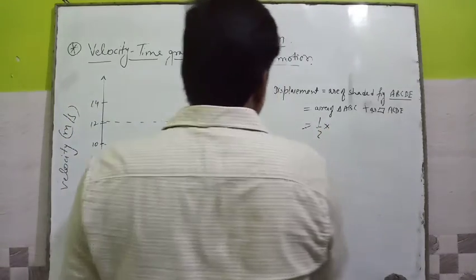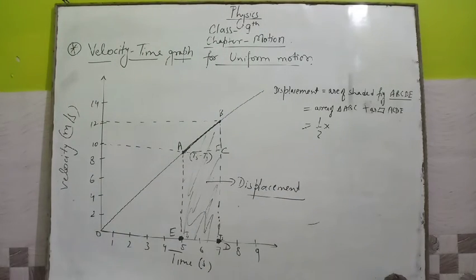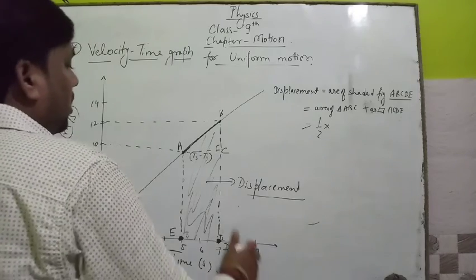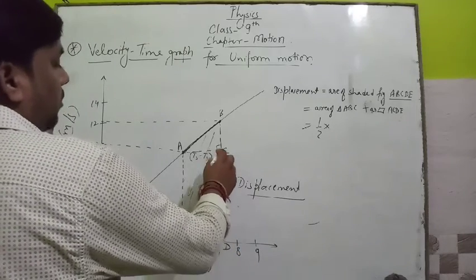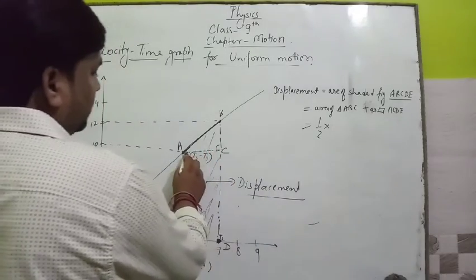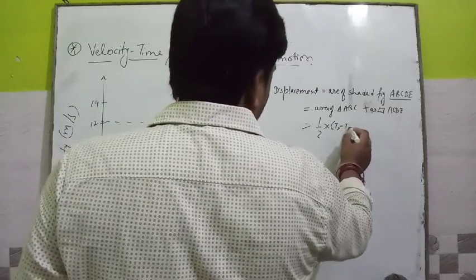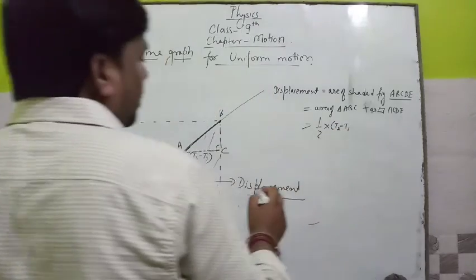Listen carefully. Half into base, and this base is T2 minus T1.